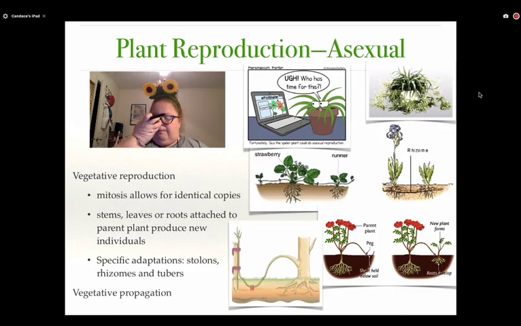The other method is through what's called vegetative reproduction. And I actually talked about this a little bit when we talked about stems and roots. But this is, instead of there being an injury or reproducing just a specific structure, it's reproducing a whole plant. This is a strategy that some plants use.